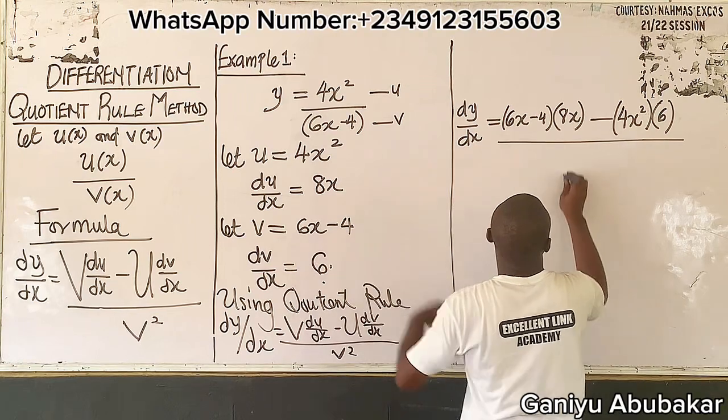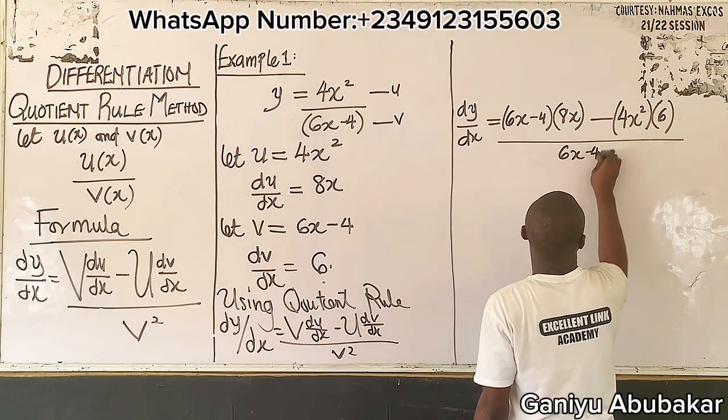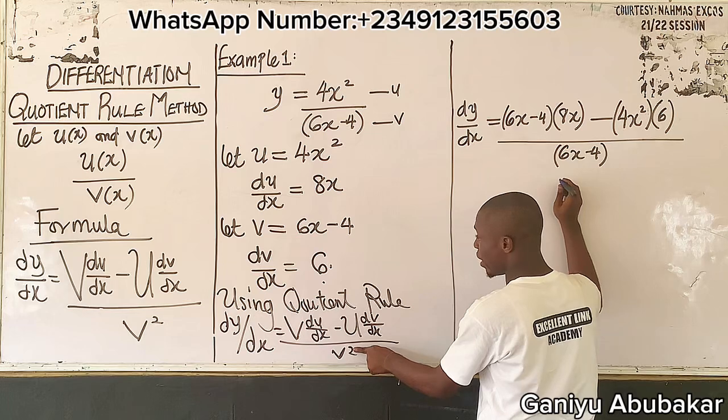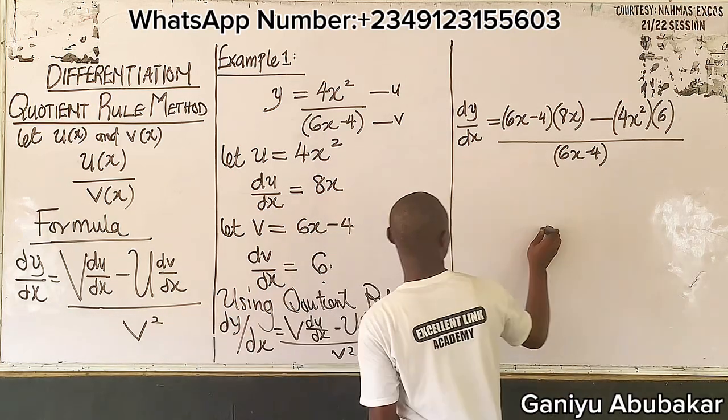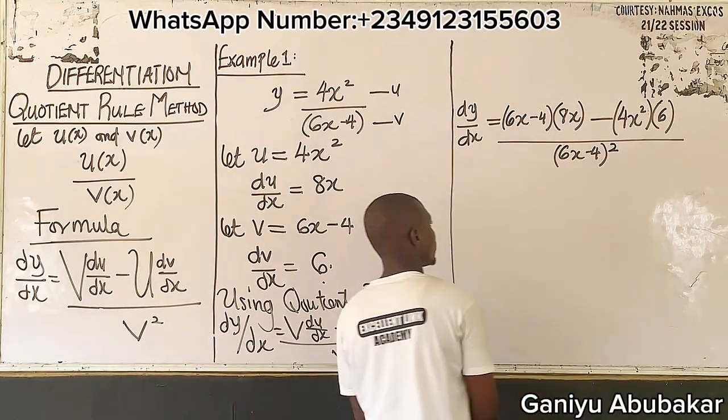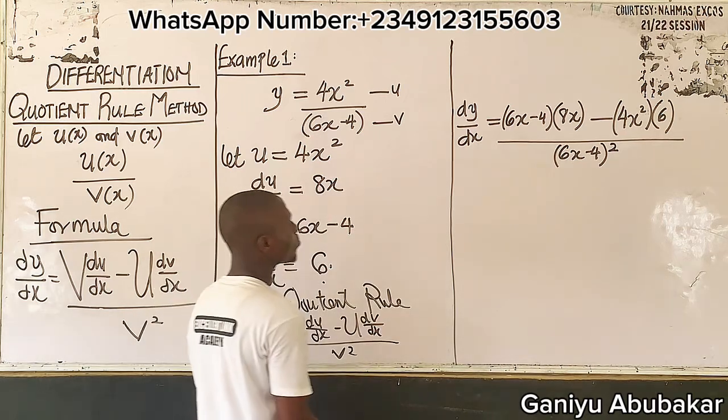What's v? That's 6x minus 4. This is v, but I have a square here, so I will square it.